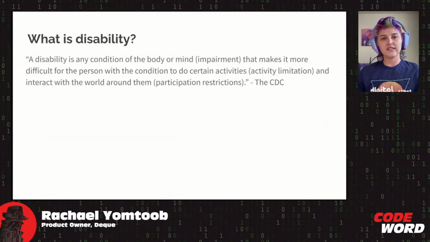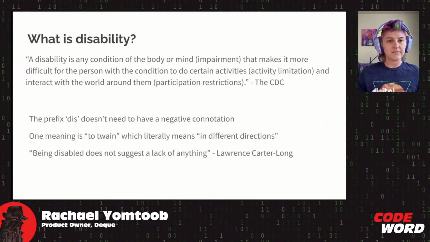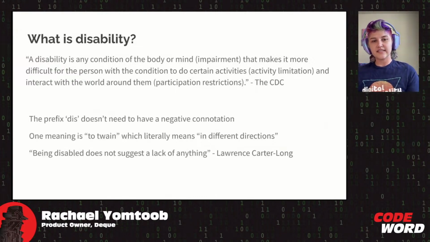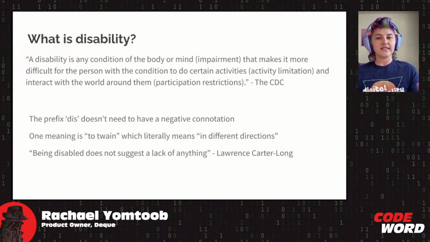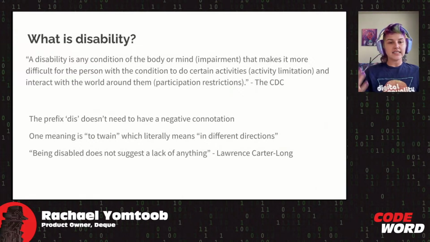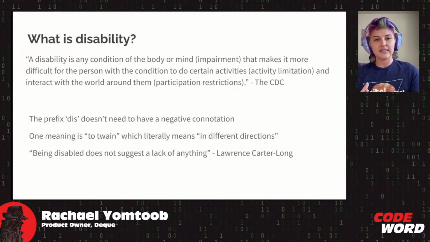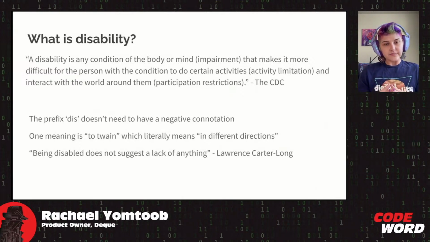So in contrast to the medical definition from the CDC, I like to talk about how the prefix dis doesn't need to have a negative connotation. One meaning of this is to twain, which literally means in different directions. So I like to think about disability as not a lack of anything, more as people having different abilities.